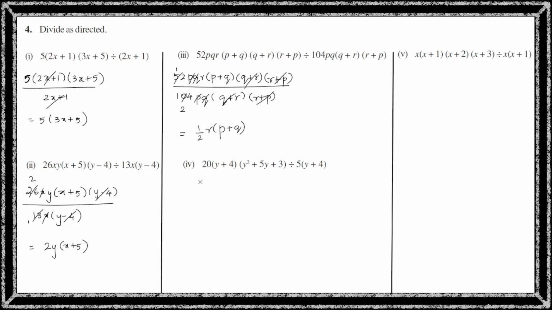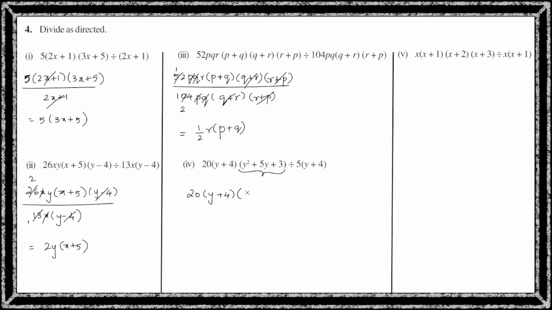That is the answer. Now here you can see that y plus 4 is linear, so I can leave it like that. Whereas this is quadratic, right? Now this is quadratic and we have to check whether it can be factorized or not, correct?